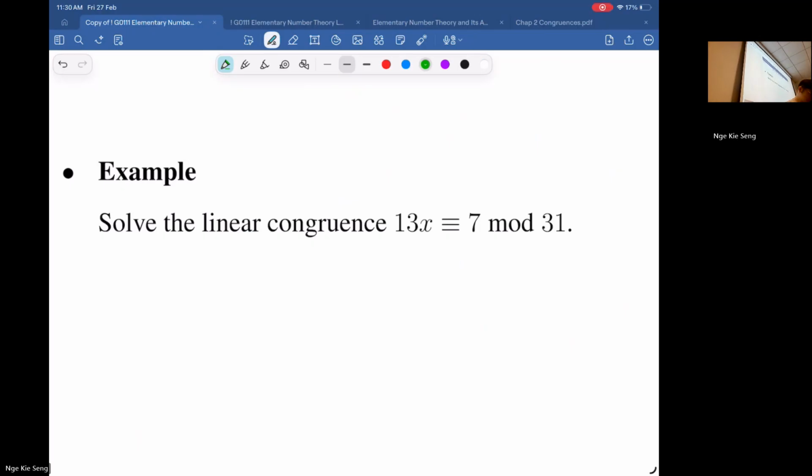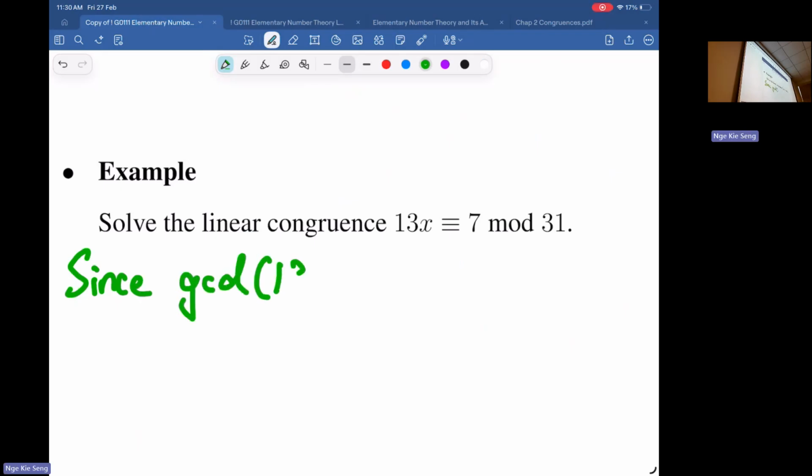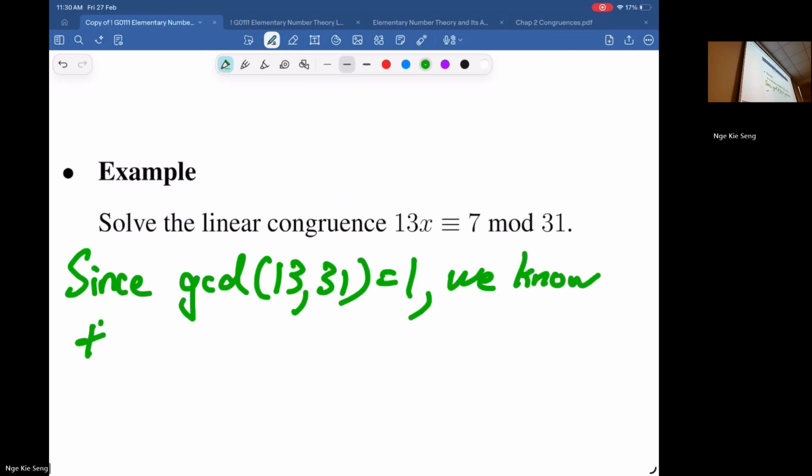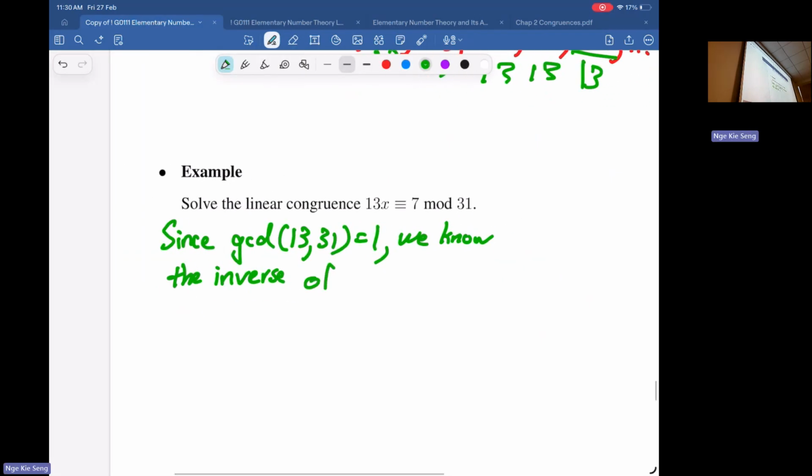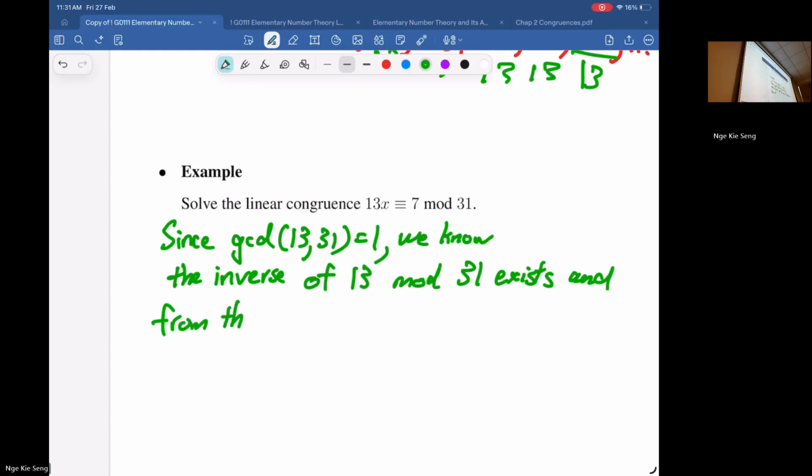Since the GCD of 13 and 31 is 1, we know the inverse of 13 mod 31 exists, and from the previous example, we found that it is actually 12.